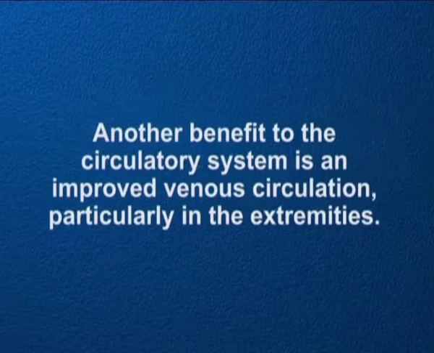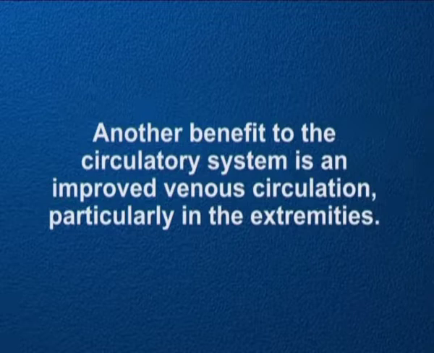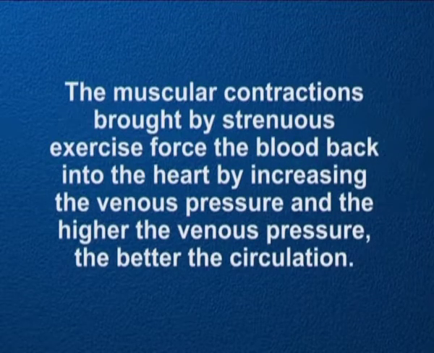Another benefit to the circulatory system is an improved venous circulation, particularly in the extremities. The muscular contraction brought by the strenuous exercise forces the blood back into the heart by increasing the venous pressure. The higher the venous pressure, the better the circulation.